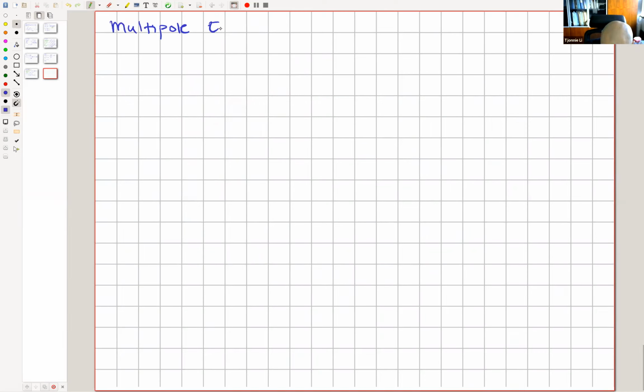So the multipole expansion. You're interested in the situation where r is much bigger than r prime.